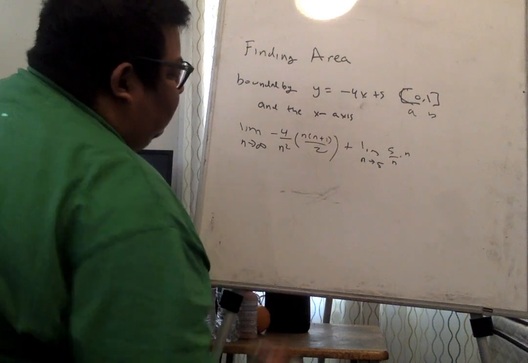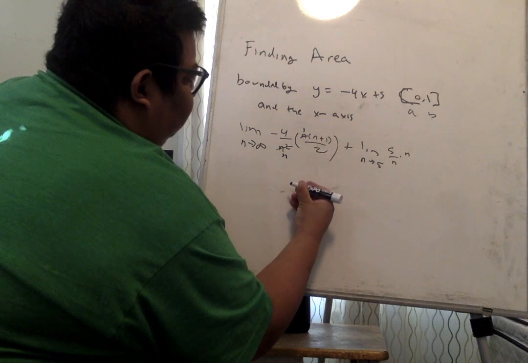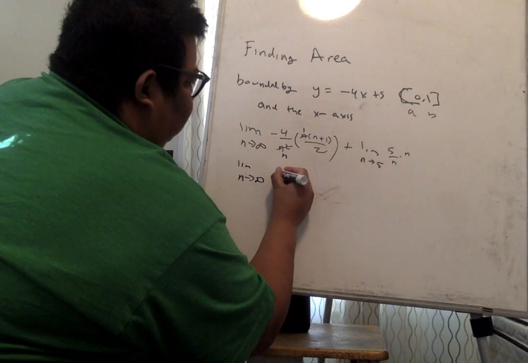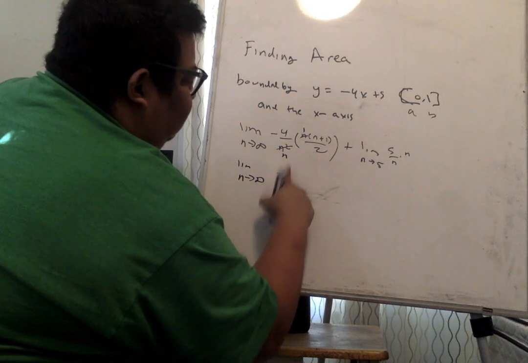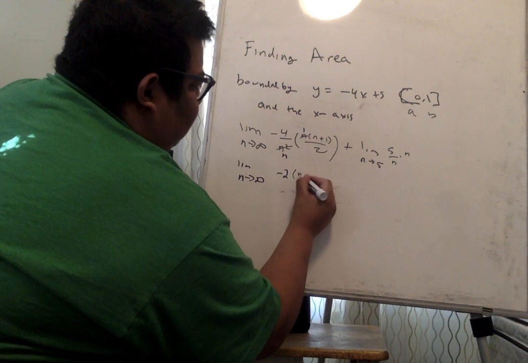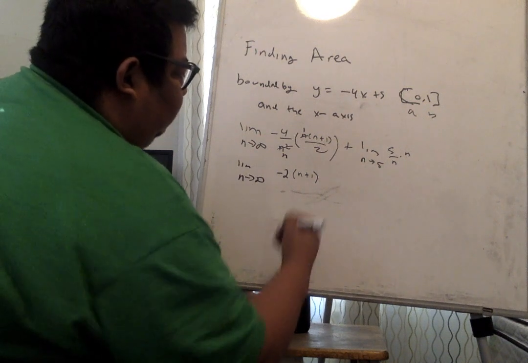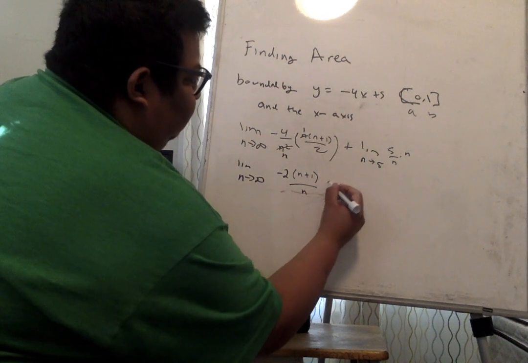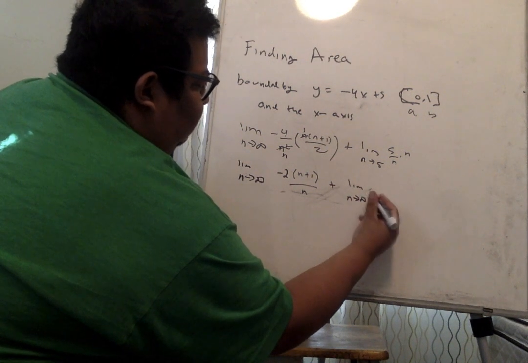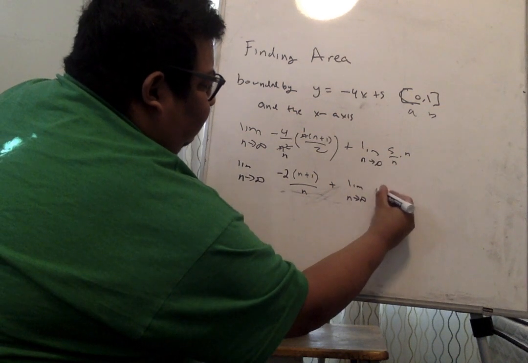Here we can cancel the n, and this becomes 1. So this becomes the limit as n approaches infinity of negative 4 over 2, which is negative 2, times n plus 1 over n, plus the limit as n approaches infinity of 5.